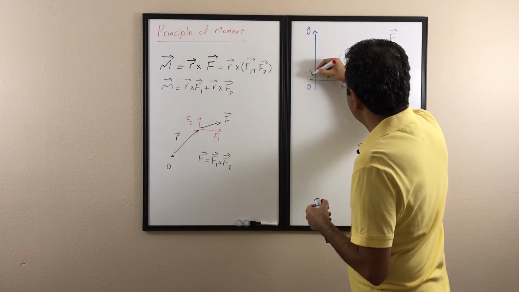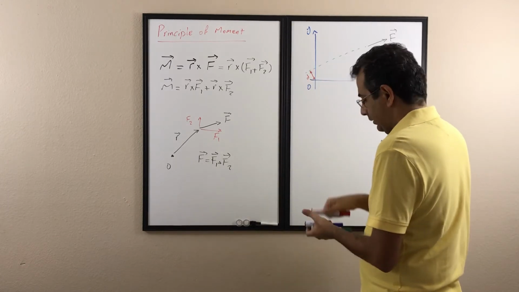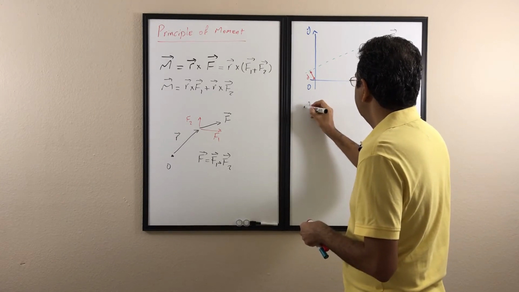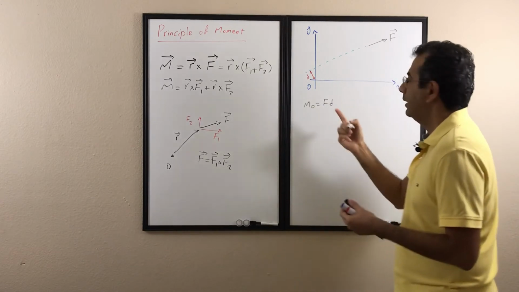So it's D, and then M about O is F times D. That's what we have done before.